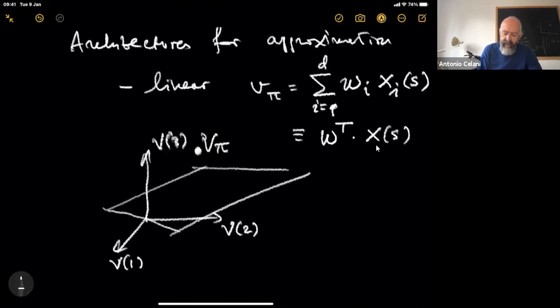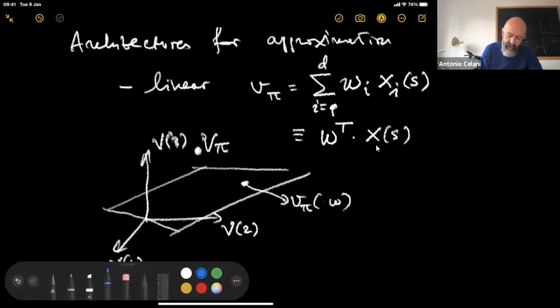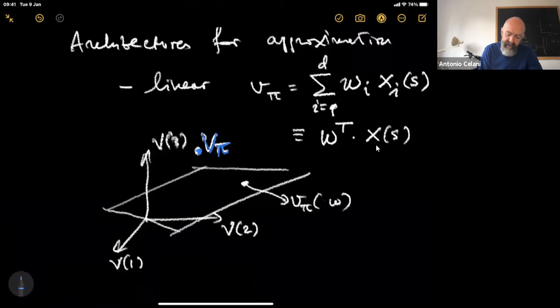Okay, so all v pi of w are vectors which lie in this subspace, whereas the true value is somewhere here. Maybe you are on the good subspace, so your true value for that policy is lying in that plane, or maybe you're not, okay?